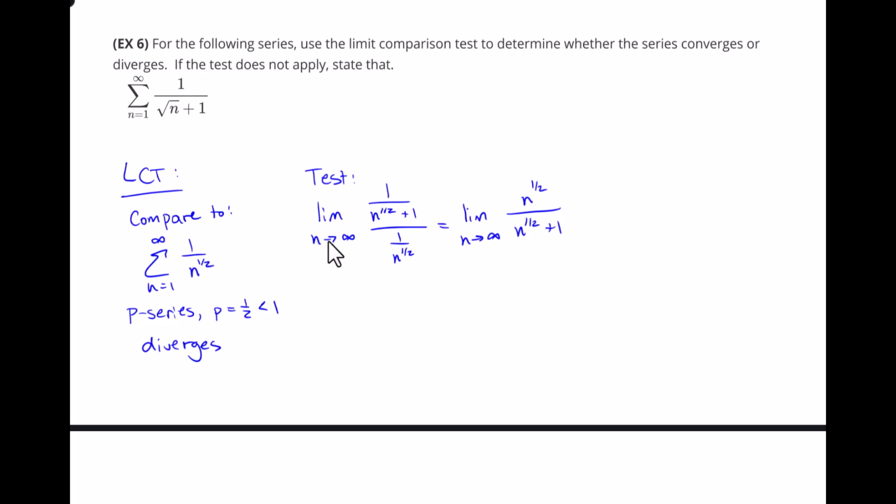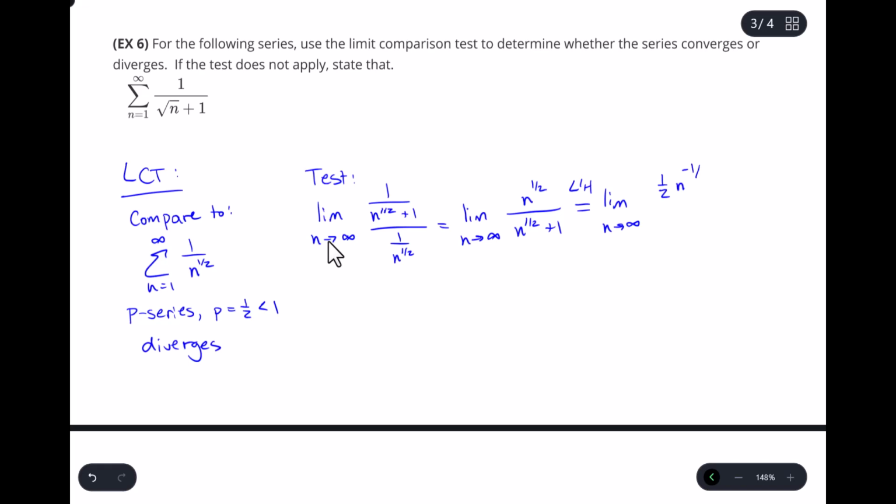If you weren't certain that that was the case here, you can always rely on L'Hopital's rule, because if you let n go to infinity, the numerator and denominator are certainly both going to infinity. So if we apply L'Hopital's rule, the derivative of the numerator would be 1/2 n to the negative 1/2. The derivative of the denominator would also be 1/2 n to the negative 1/2, because the derivative of 1 goes to 0.